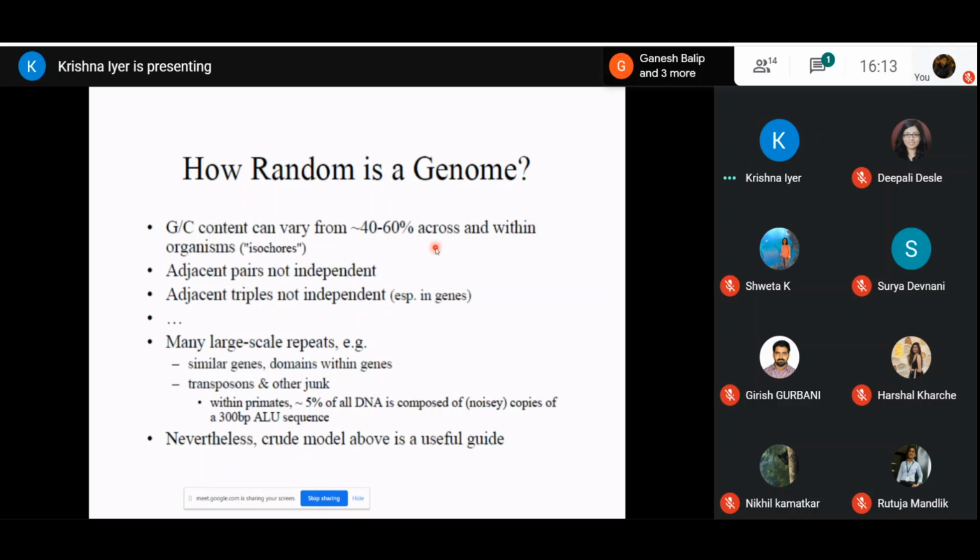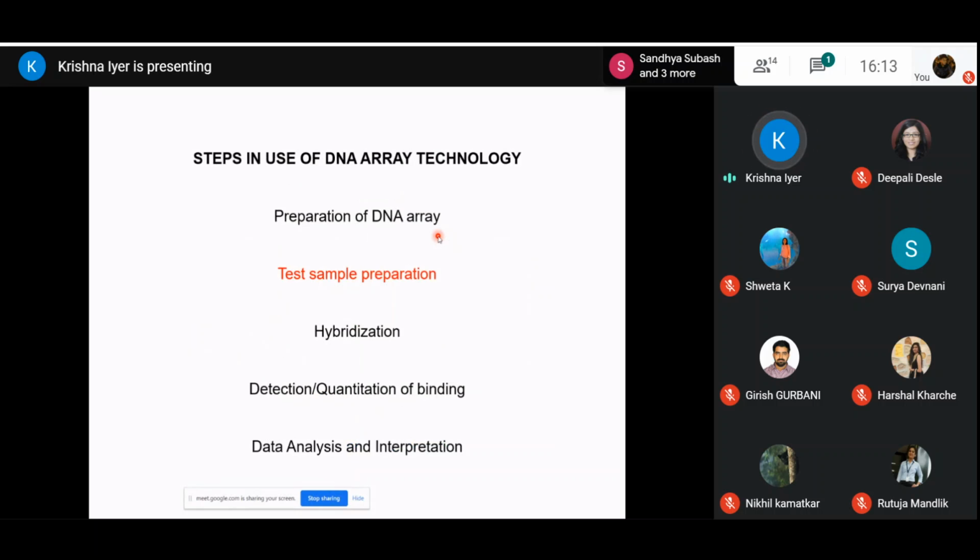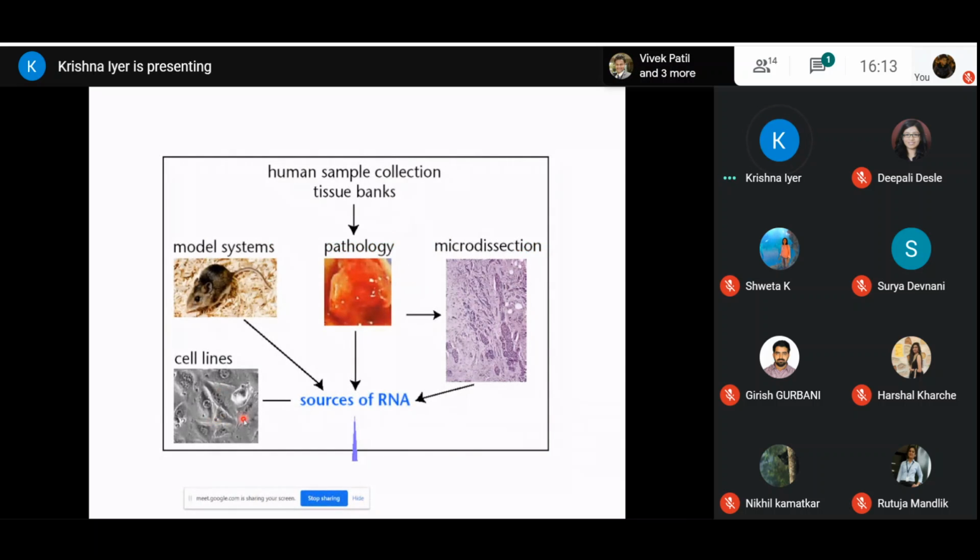Now the second part is how we prepare the sample. Where do you get the tissue sample? Tissue samples can be obtained from various places. I can get cell lines as a source of my RNA, and I'm looking at transcription in the cell lines. I can get tissues from an animal.